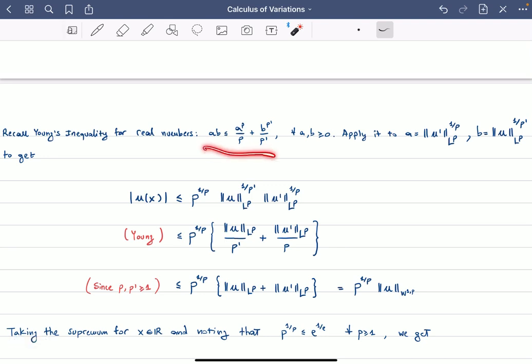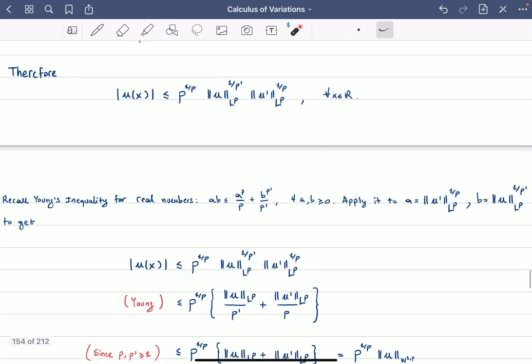So now we can apply this to these scalar values. a will be the u prime L^p norm to the power of 1 over p, and b is just the u L^p norm to the power of 1 over p prime.